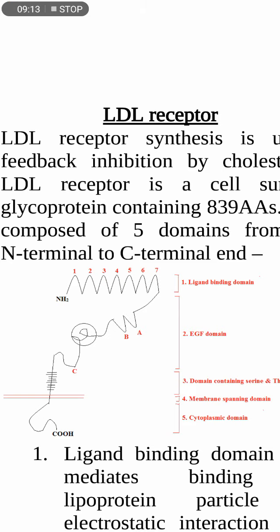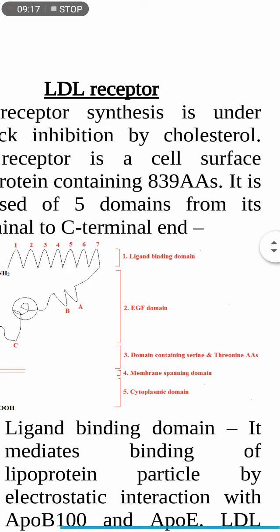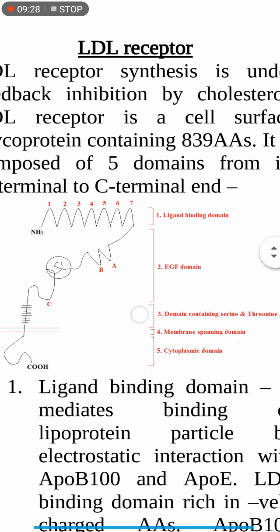The protein part is composed of 839 amino acids and it has 5 domains. A domain is a part of the polypeptide chain that has a definite, individual function.